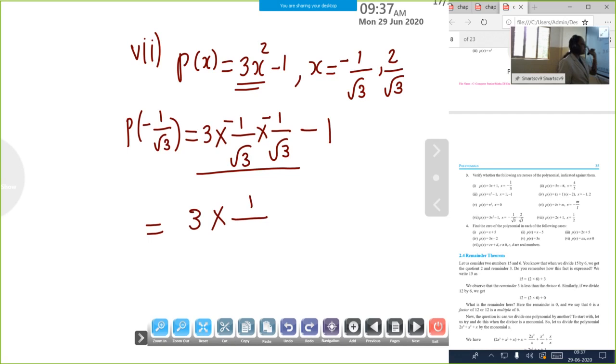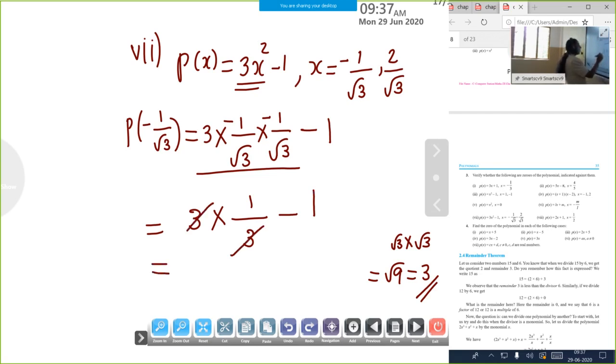What is root 3 into root 3? That we studied in our first chapter. Root 3 into root 3 is root 9. Again, root 9 is equal to 3. So what is the value of root 9? 3. So 3 into 1 by root 3 into 1 by root 3, the value is 3 into 1 by 3 minus 1.